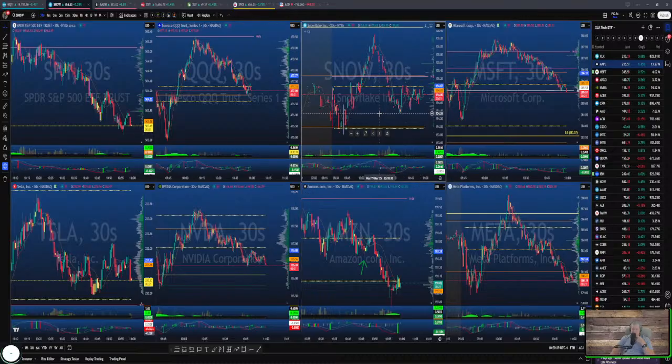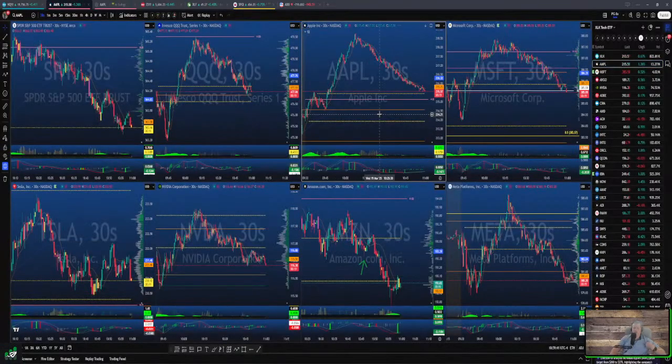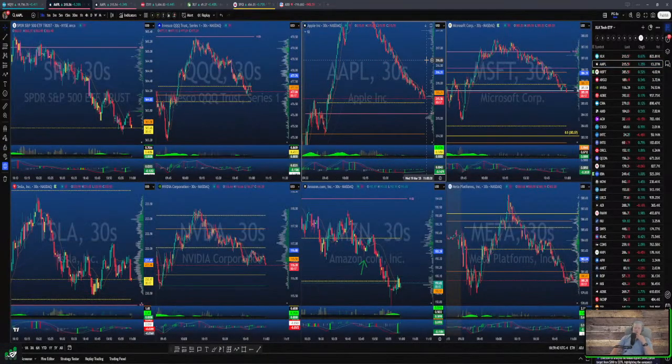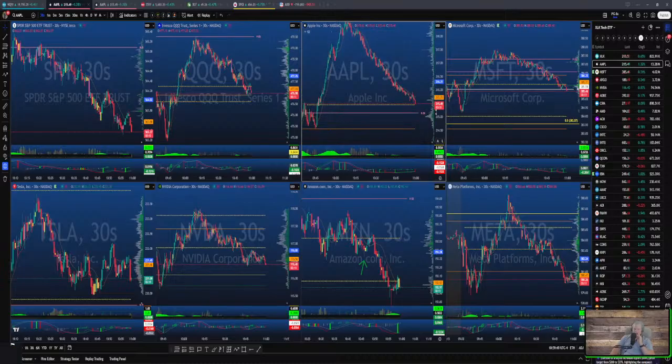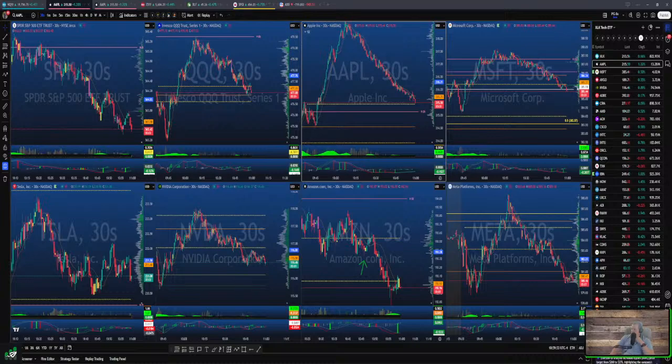Apple coming in for that prior day retest. Finger on the trigger. 220, maybe 235.